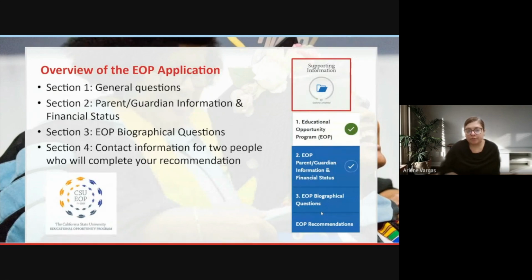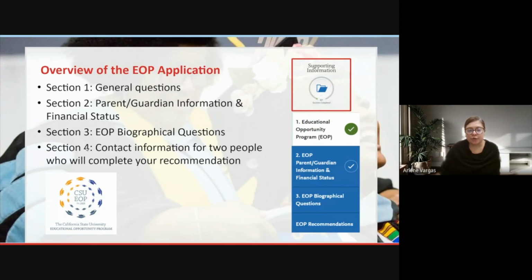An overview of the EOP application. In the EOP application itself, for those of you applying, you will see 4 different sections. Section 1 is the general questions. Section 2 is parent guardian information and financial status. Section 3 is EOP biographical questions.